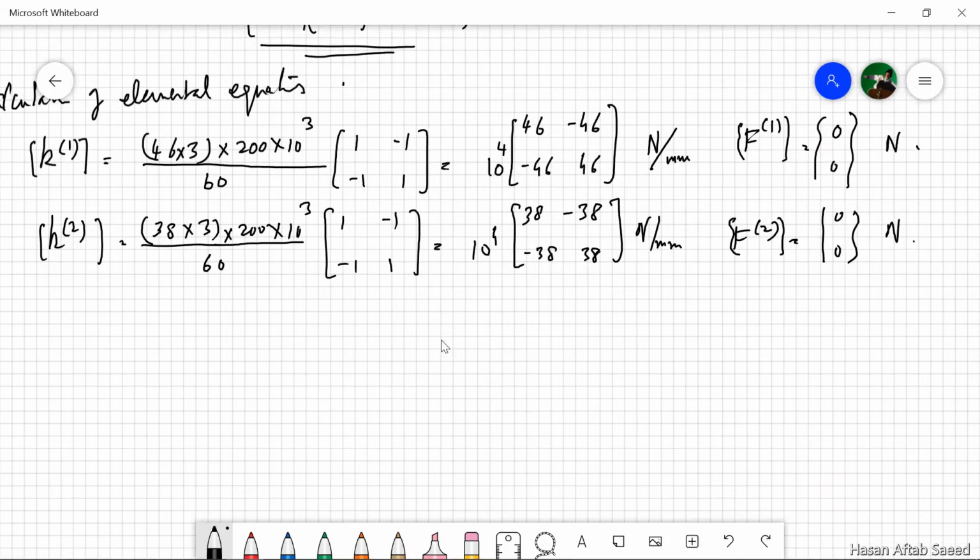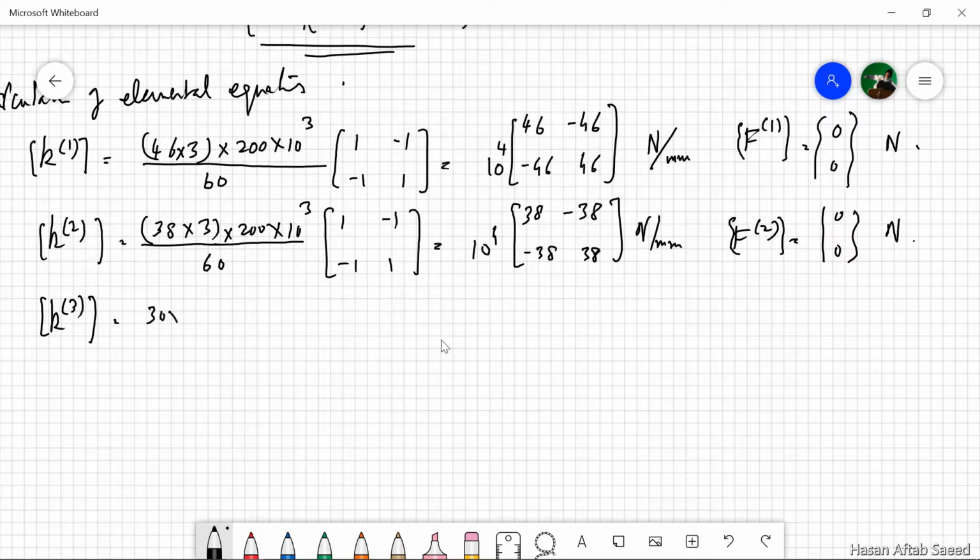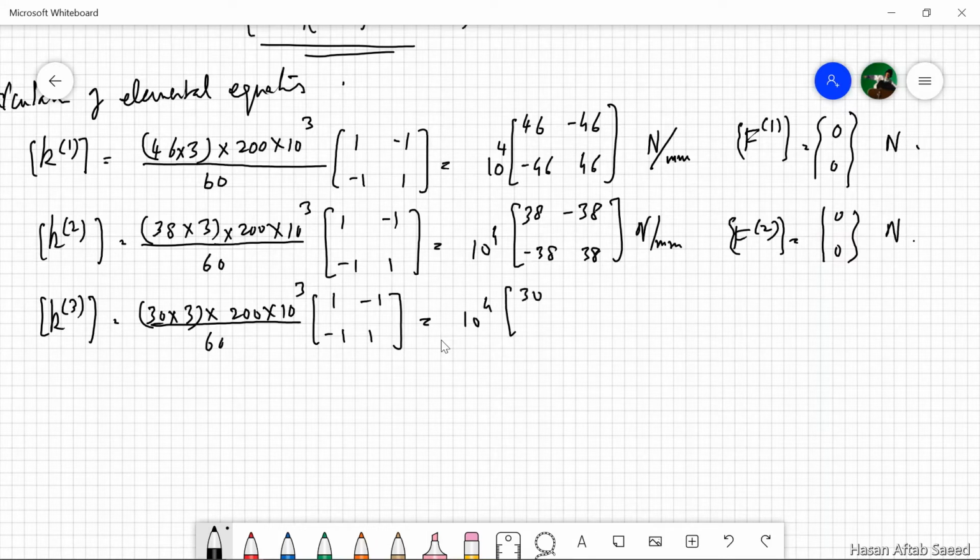And finally A3, in this case this is 30 into 3, again the only difference being the width, the rest is the same. This turns out to be these numbers, and for the first time you have some values in the force vector.